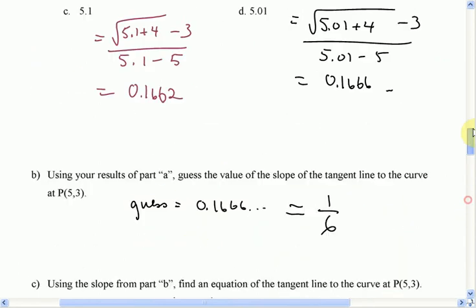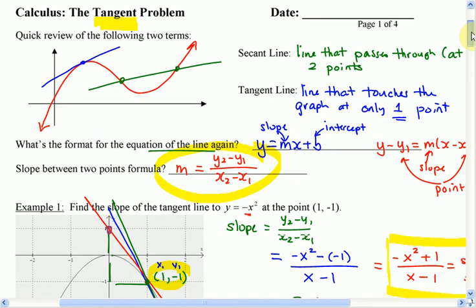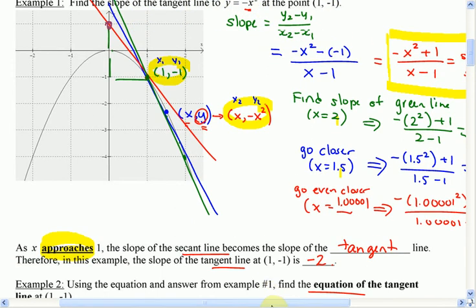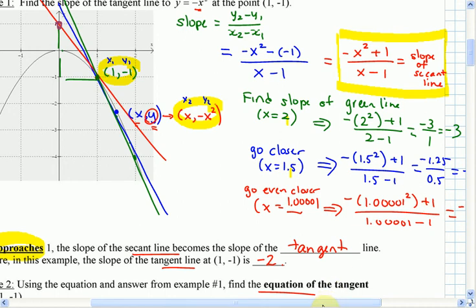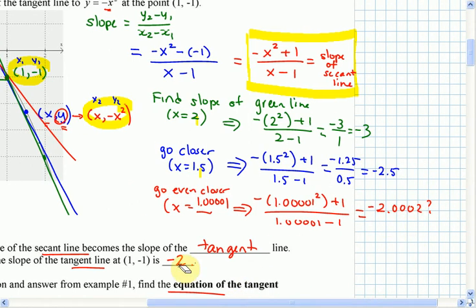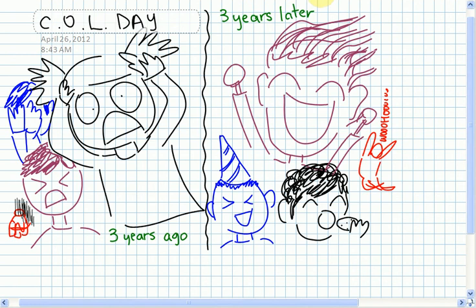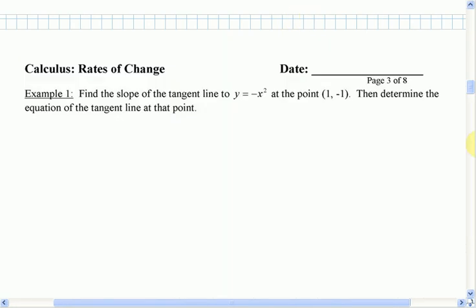Over here, remember the first day we did calculus, this problem? Find the slope of the tangent line to the same function at the same point. And what we did the first day was we used our calculator to estimate, and we found the value of negative 2. Well, today I want to do the exact same question, but this time I want to show it to you algebraically.